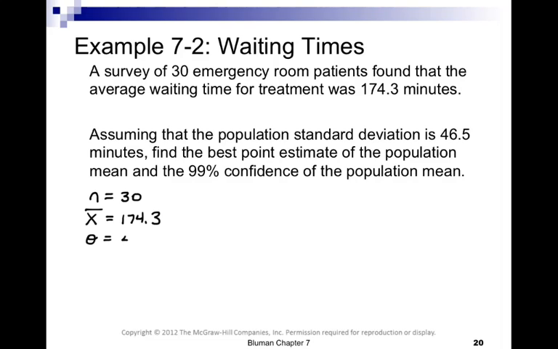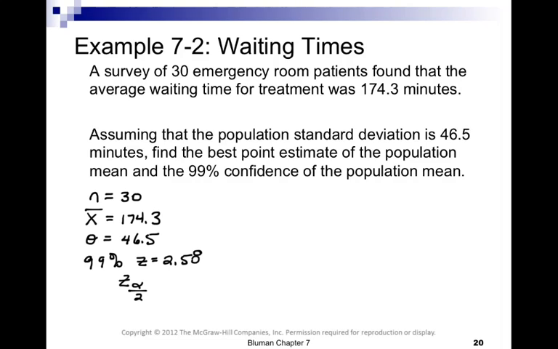Again, we know sigma. And we want a 99% confidence interval, which if you look back on your other slide or in your book, z is equal to 2.58. And that's your z of alpha over 2. When I said the z, I wrote 50, hopefully I said 58. There we go, 2.58.